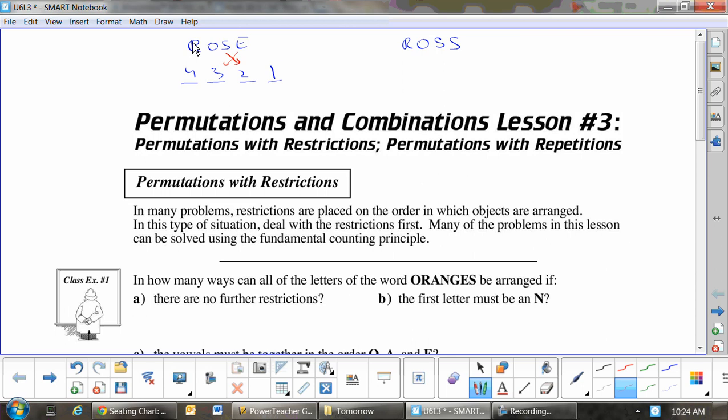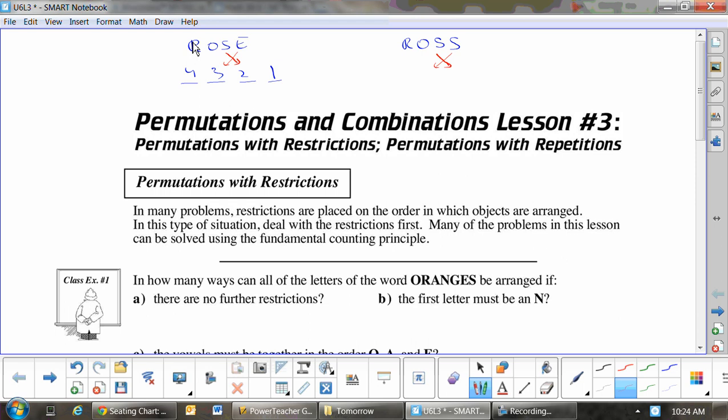If you take these two and mix them up, does it make a different word? No. So we're not going to say that's a red S and a black S, because then they do look different, don't they, if you moved them. But because they're both the same letter, there's not as many permutations on the second one, because Ross is the same thing as Ross.